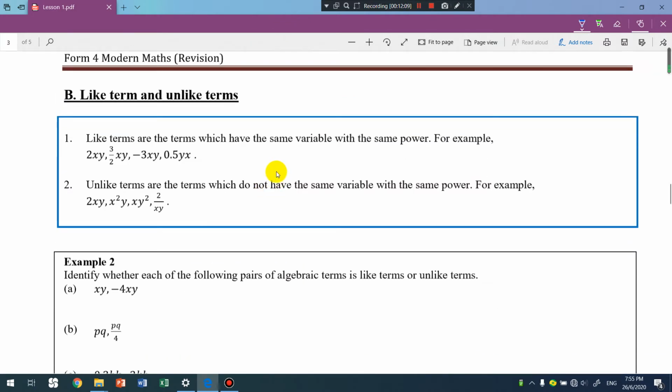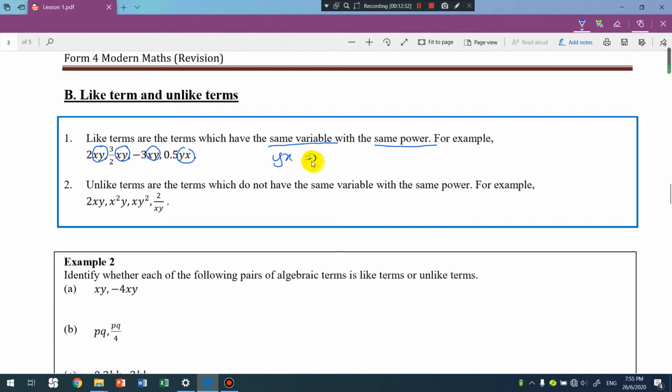Like terms and unlike terms. Hopefully you still remember. Like terms means that they have the same variable and same power. For example, here I have xy. This is yx, but it's the same thing.